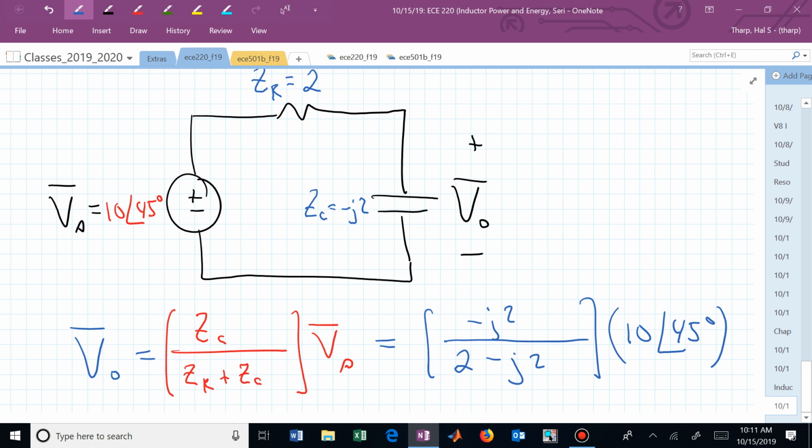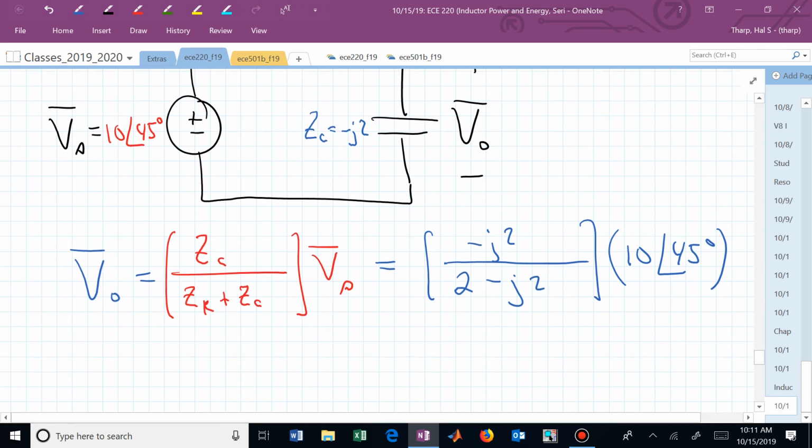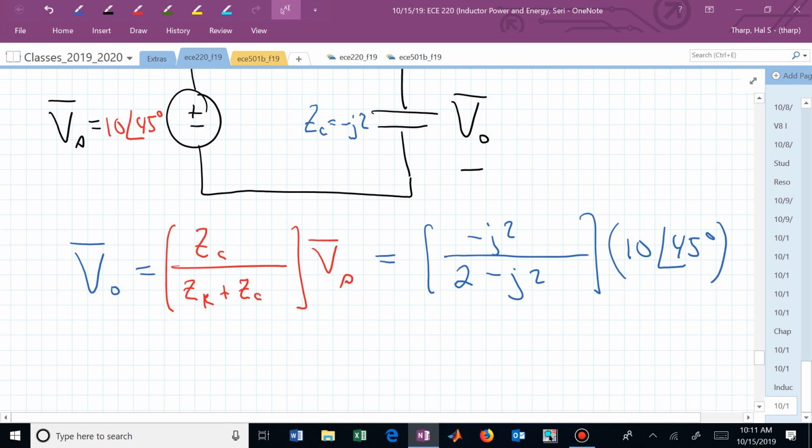When we're multiplying and dividing, we probably want to have them written in polar form, in magnitude and angle. When we're adding and subtracting, we probably need them in rectangular form. And you need to be comfortable going back and forth. For this, we've got a division inside the square brackets, ultimately, and then we have a multiplication.